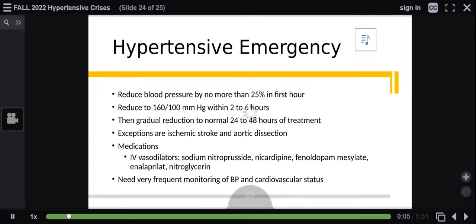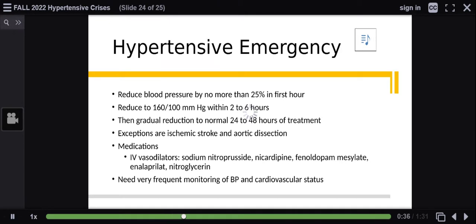So, what is our treatment for hypertensive emergencies? Our goal for these clients is to reduce their systolic blood pressure by no more than 25% within the first hour of treatment. Then, if the patient is stable, to 160 over 100 millimeters of mercury within the next 2 to 6 hours, with an eventual goal of a normal controlled blood pressure within 24 to 48 hours of when treatment started.